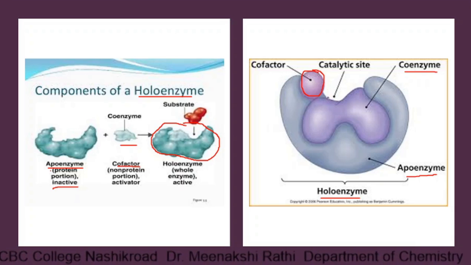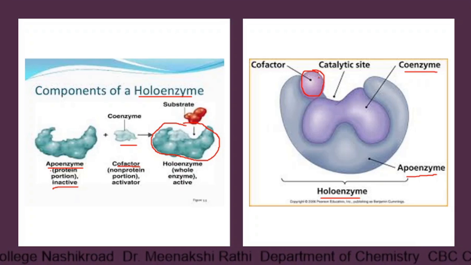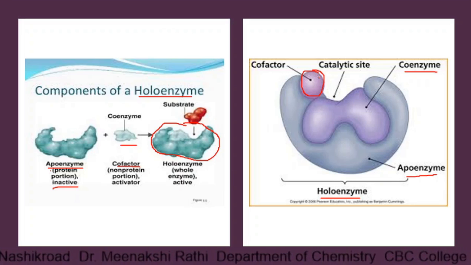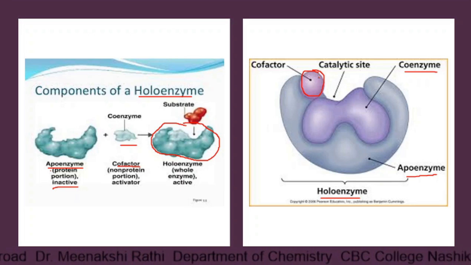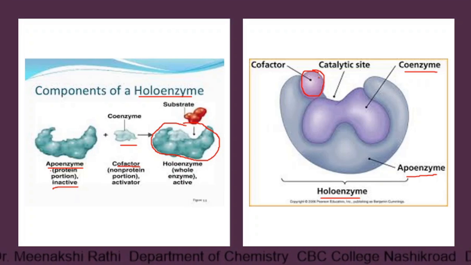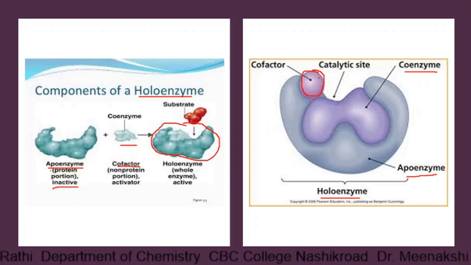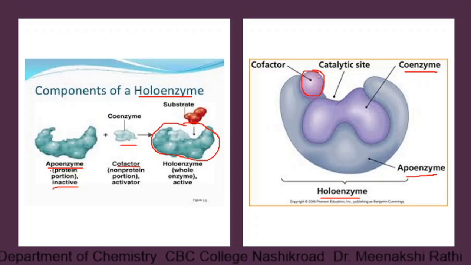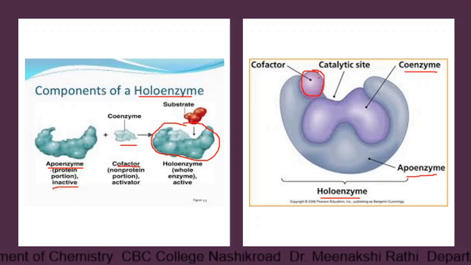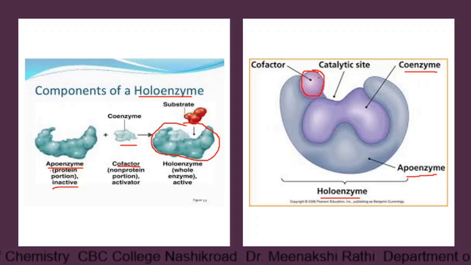Now it has this catalytic site or active site where it can start its catalytic activity. So one thing is clear, that the enzyme is made up of apoenzyme and coenzyme, and coenzyme is a part of cofactor.